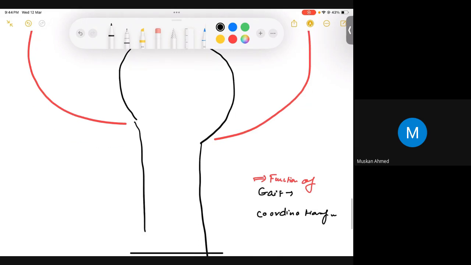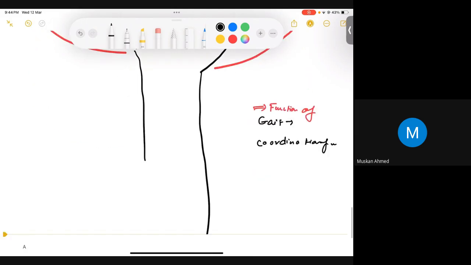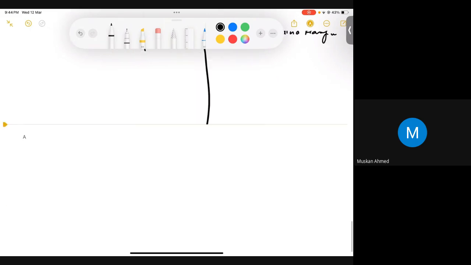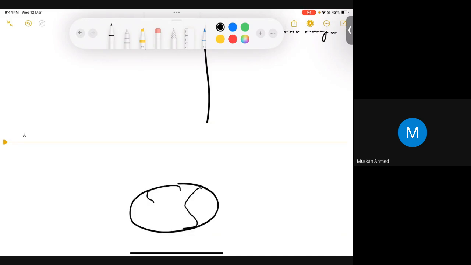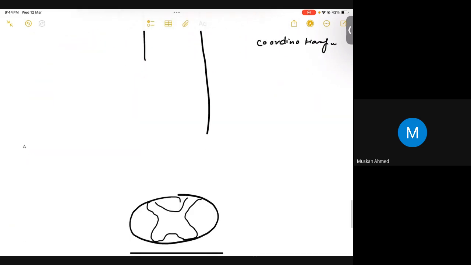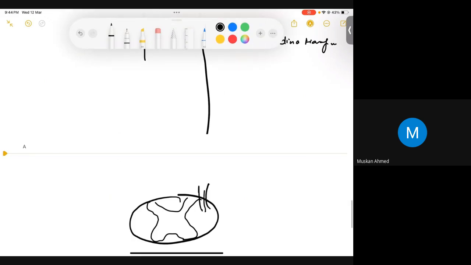All of the proprioception travels through certain tracts known as spinocerebellar tracts, if you remember. You have the anterior spinocerebellar tract and the posterior spinocerebellar tract. If this is your spinal cord, we discussed that we have a butterfly here, and in the lateral aspect all of these descending fibers are also present.